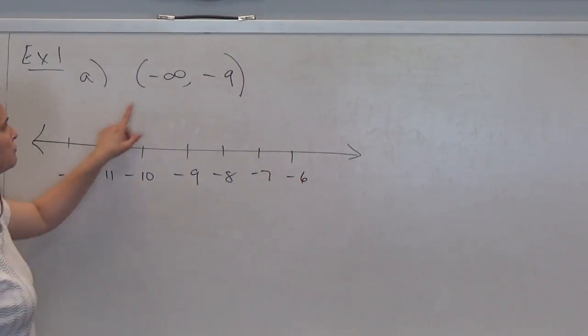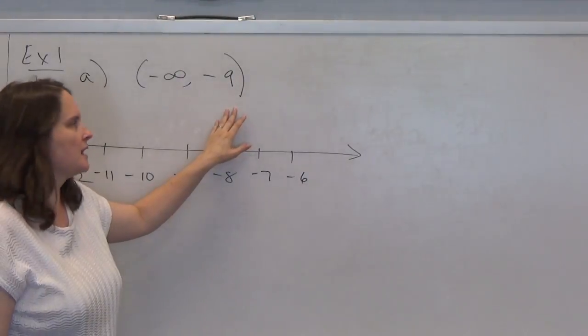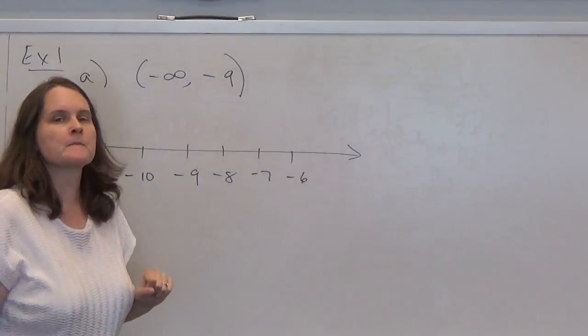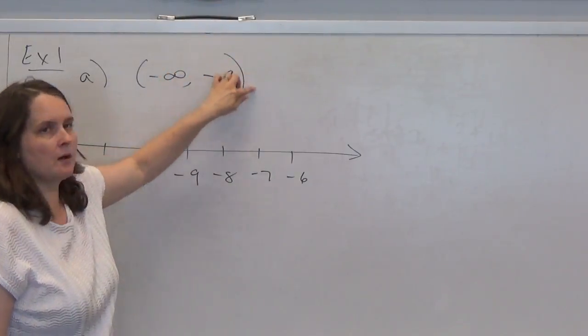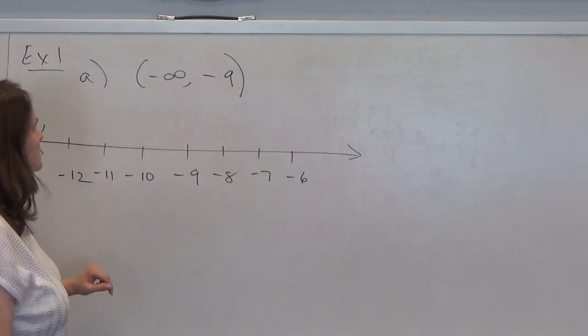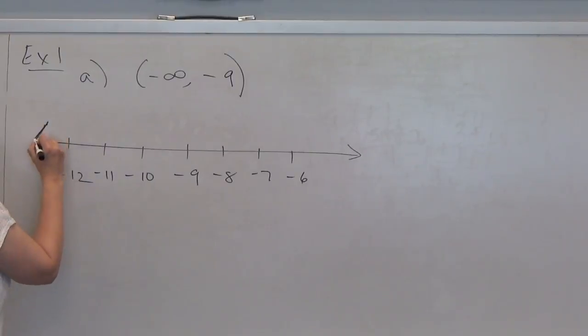Okay, how do we read this interval? This is -infinity to -9. And I'll ask you, does this include the -9? No, it does not, because it's got the round parentheses. That's like having the open circle.